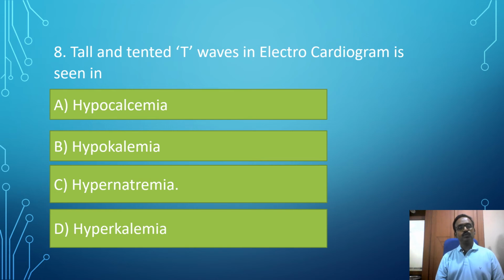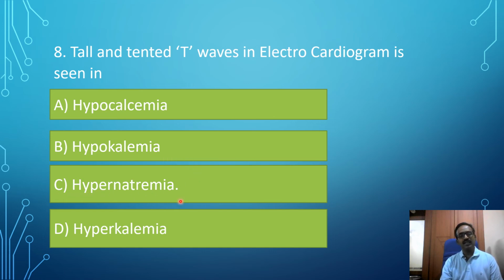Eighth MCQ. Tall tented T wave in electrocardiogram is seen in option A, hypocalcemia. In hypocalcemia, in the electrocardiogram we can see prolongation of the QT interval. So this is the wrong answer. Option B, hypokalemia. In hypokalemia, in the electrocardiogram we can see the U wave. So this is the wrong answer.